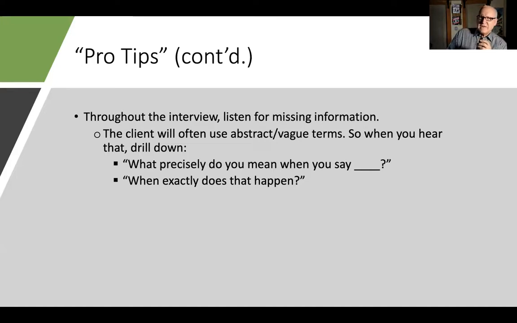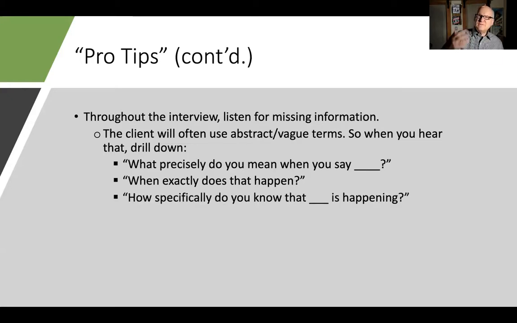So you're telling me that every once in a while, people are absent, much to your surprise. When exactly does that happen? Under what circumstances precisely does that happen? How specifically do you know that something is happening?